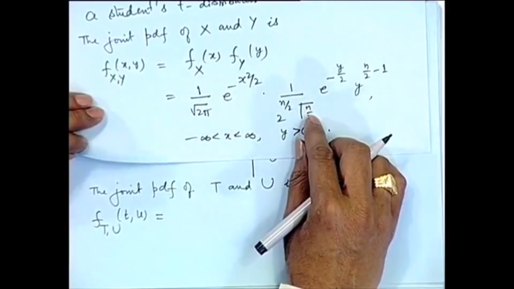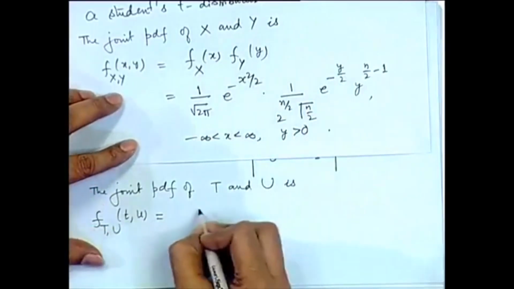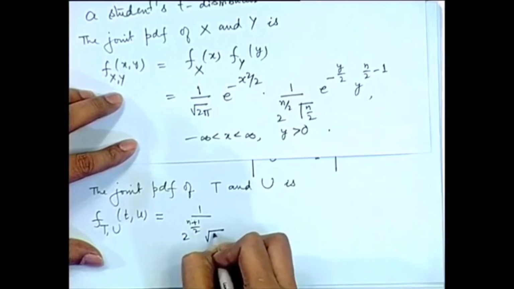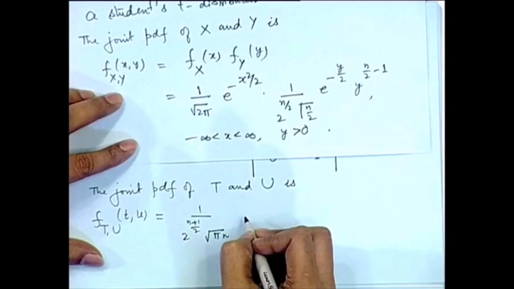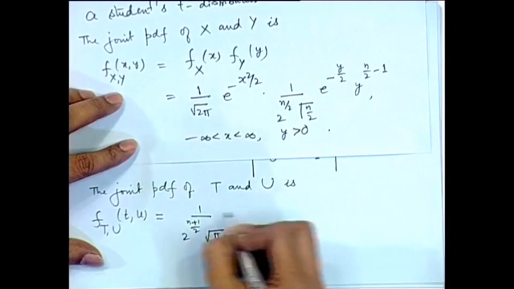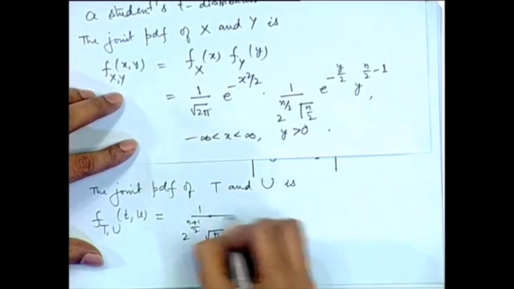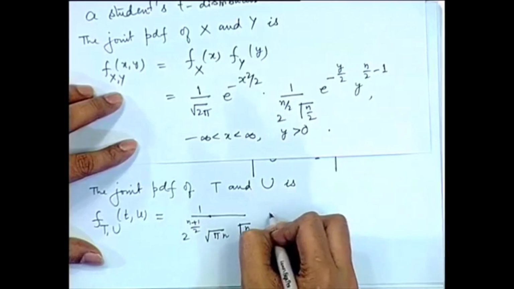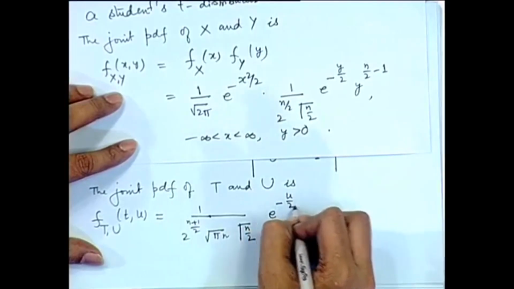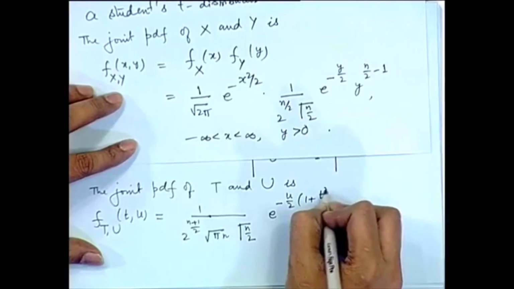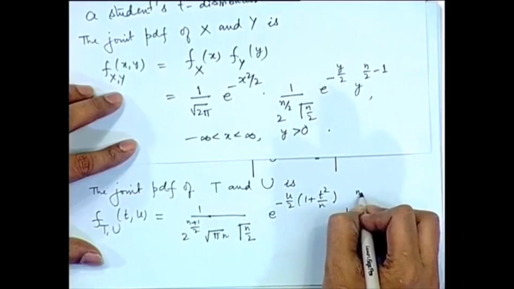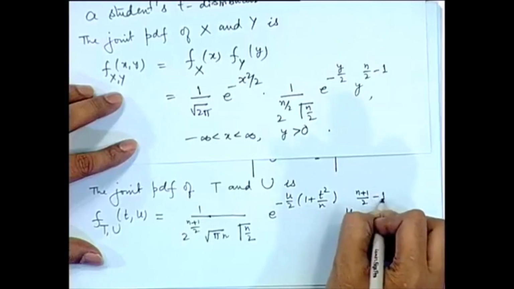So, we combine it together, it becomes 1 by 2 to the power (n plus 1) by 2, root pi, n, gamma n by 2, e to the power minus u by 2, 1 plus t square by n, u to the power (n plus 1) by 2 minus 1.